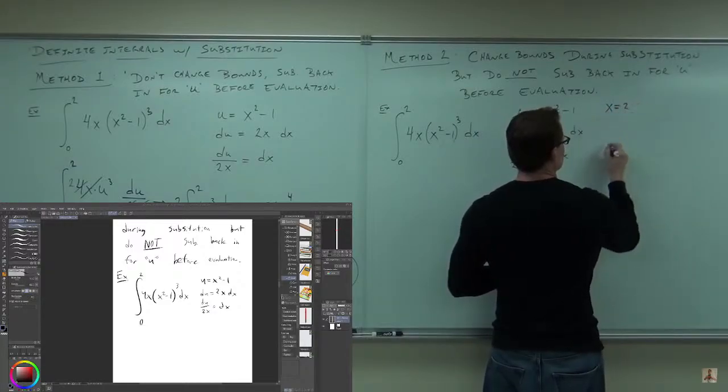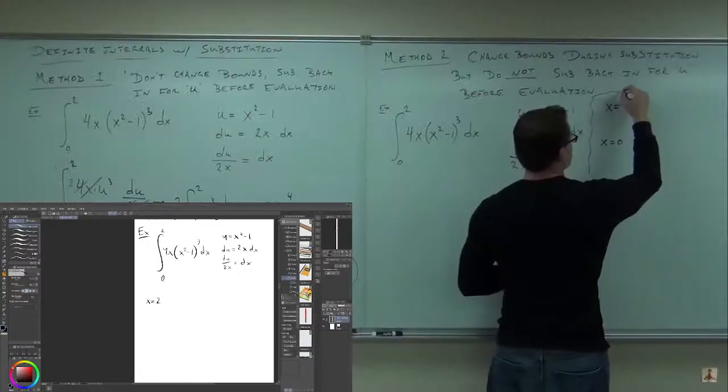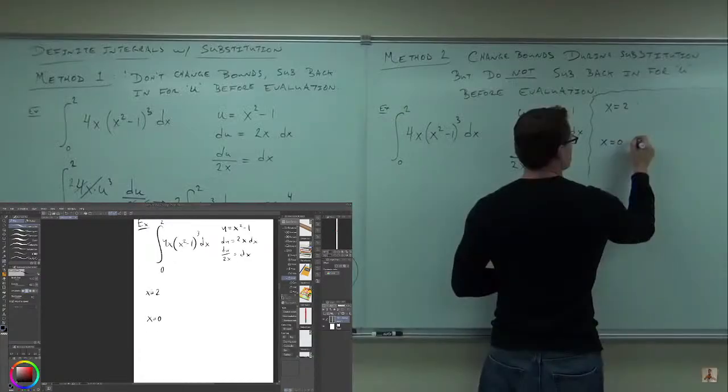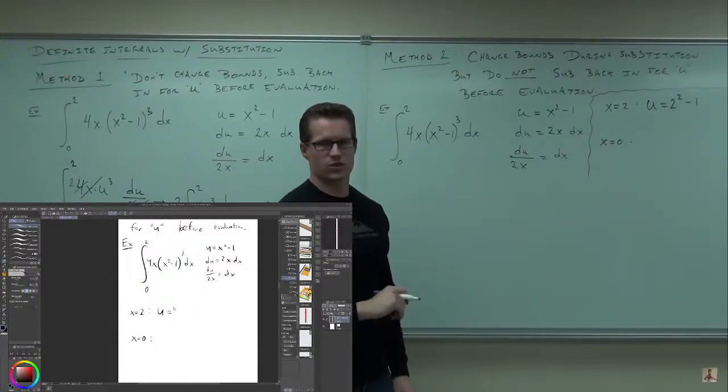So we'll say if x equals 2 and if x equals 0, this is the whole process of changing bounds. If x equals 2, then u equals 2 squared minus 1. See where the 2 is coming from, right?